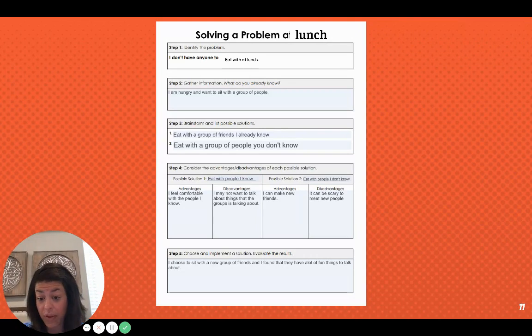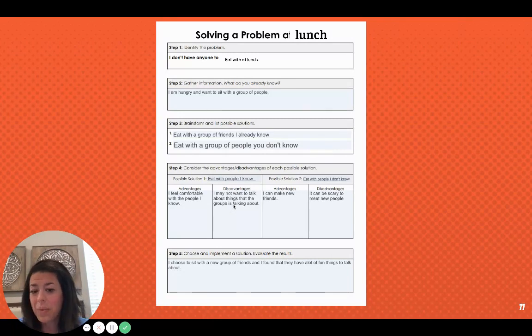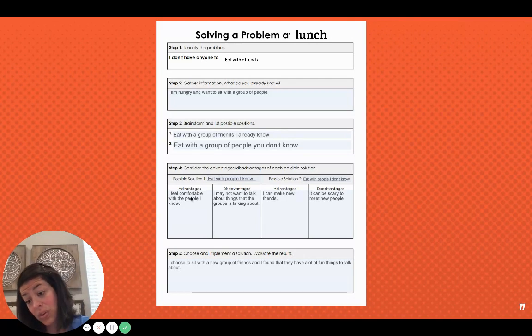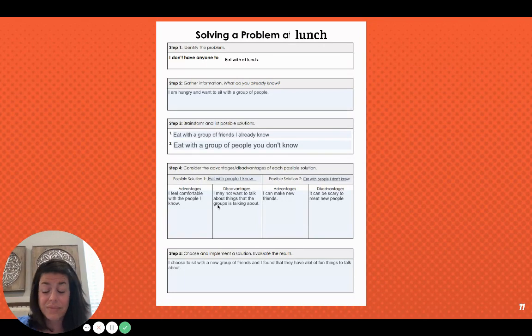A good thing about that is I feel comfortable with the people that I know. A bad thing is I may not want to talk about the things that the group is talking about. I may not want to talk about Pokemon, or I may not want to talk about what I did at recess. So the good thing is you may know all of them and feel comfortable. The bad thing is I may not want to talk about what they're talking about.